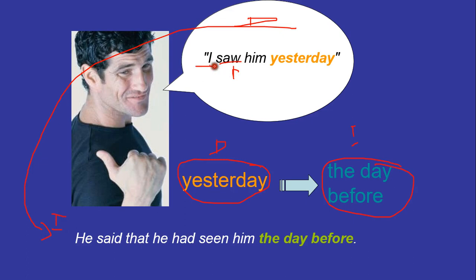I becomes he, and past tense changes to the past perfect. If direct speech has yesterday, you have to change to the day before for indirect speech. Okay, there's a changing, guys. All right, next.